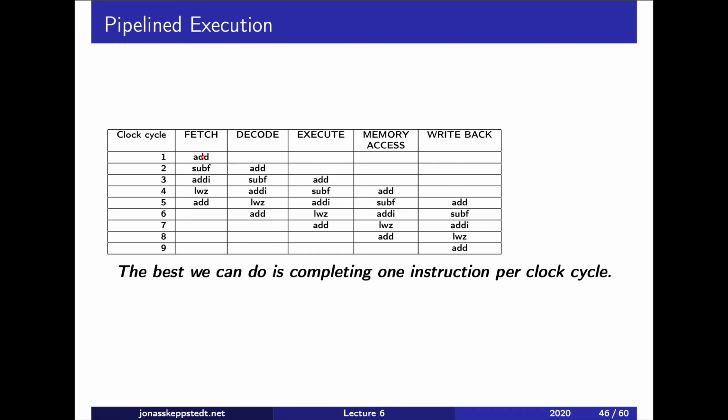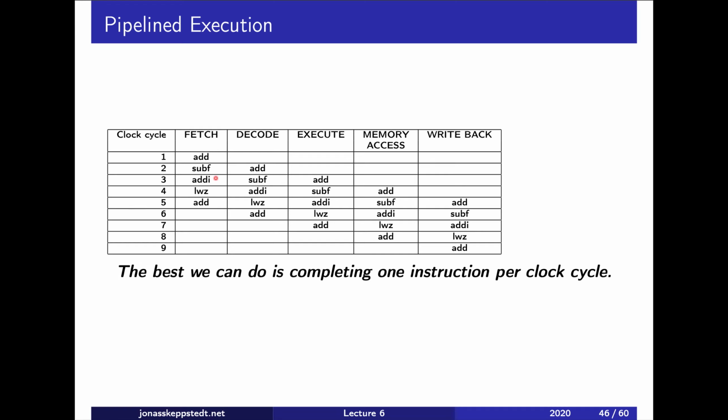Well, the add is started, and then it is decoded and executed. When the subtract is coming to the decode and wants the operands, the operands are still in the register file, so it can just read them, and it continues and executes the instruction in the next clock cycle.